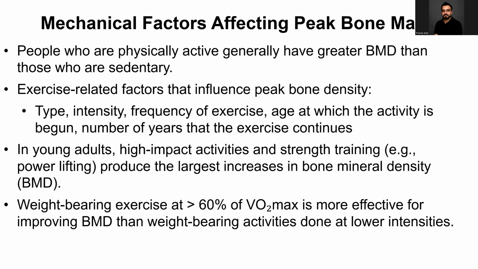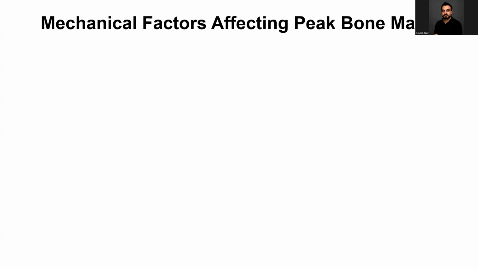And also remember, weight-bearing exercise and strength exercise are more effective than other types of exercise like endurance exercise in achieving greater bone mineral density or peak bone mass during childhood, adolescence, and adulthood.